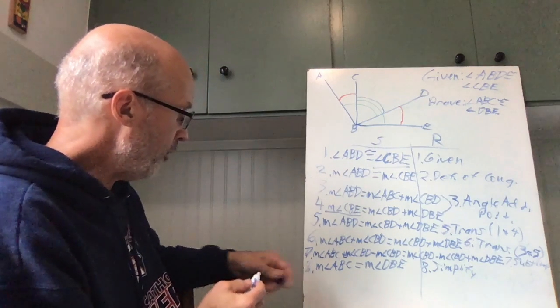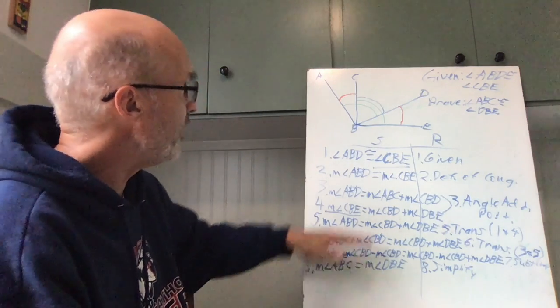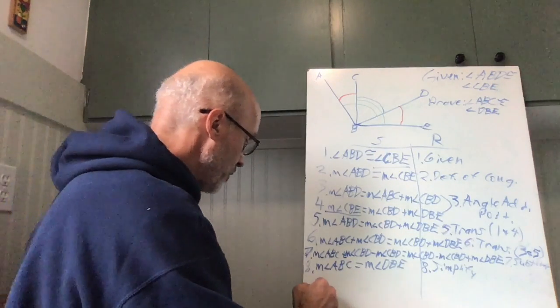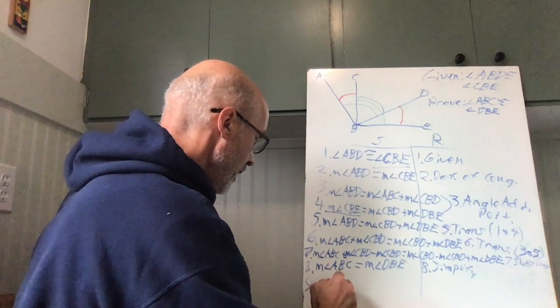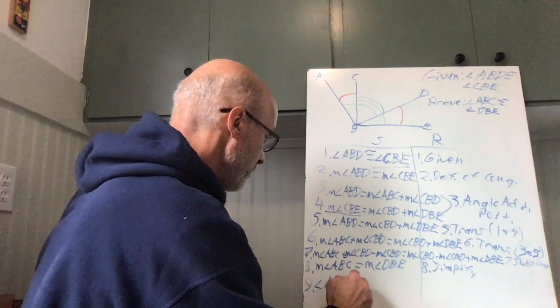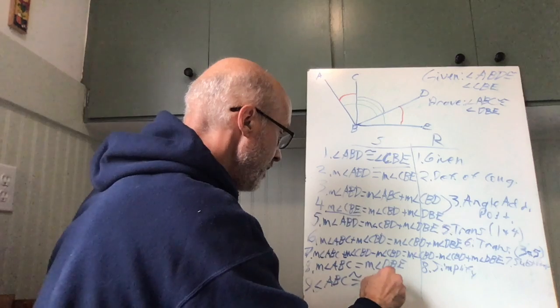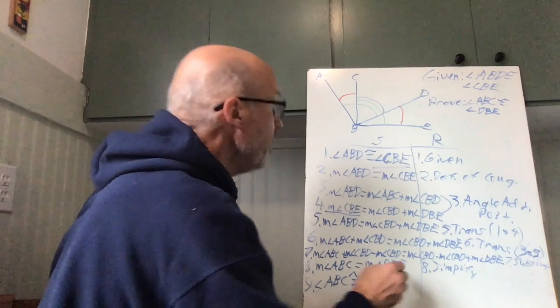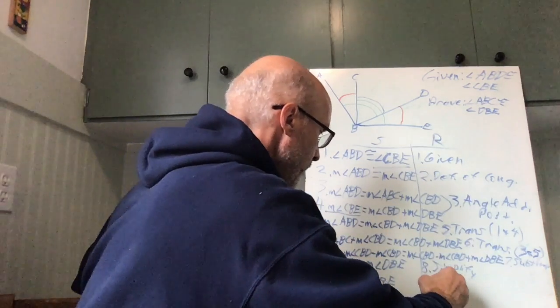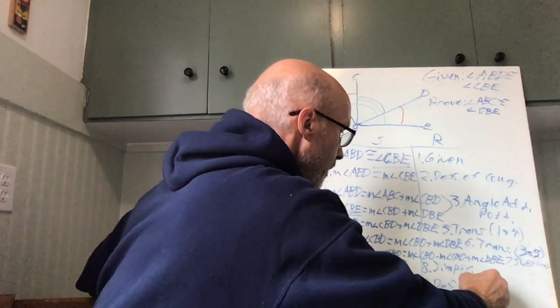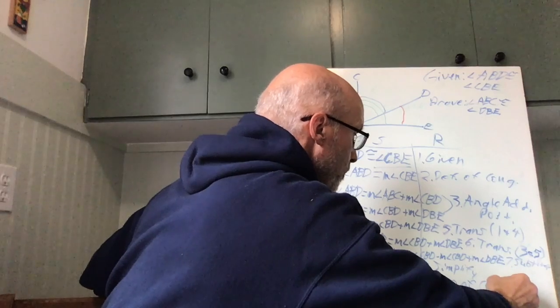And you're almost home. You got the measure of the angles you want, but you want to prove that the angles are congruent. So now we just have to switch back to congruency. Angle ABC is congruent to angle DBE. That's what you wanted to prove. And number 9, that is the definition of congruency.